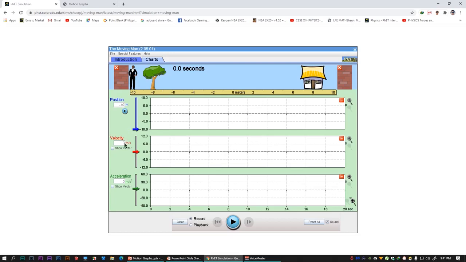Now I will not put a value of velocity here, but instead I will put a value of acceleration, which is 5 meters per second squared, and try to observe the graphs for acceleration, velocity and also time.